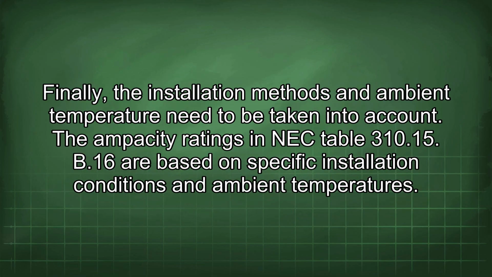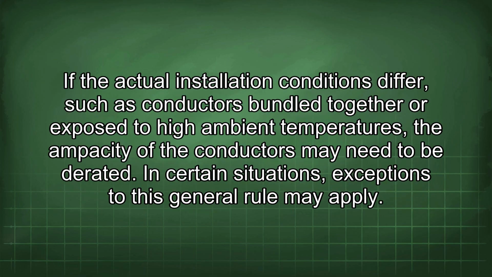Finally, the installation methods and ambient temperature need to be taken into account. The ampacity ratings in NEC Table 310.15(B)(16) are based on specific installation conditions and ambient temperatures. If the actual installation conditions differ, such as conductors bundled together or exposed to high ambient temperatures, the ampacity of the conductors may need to be derated.